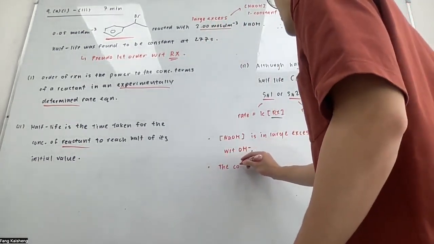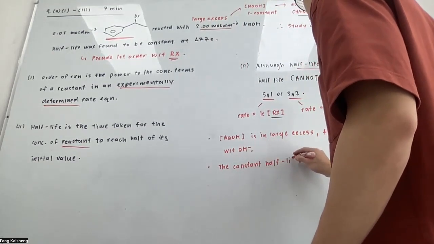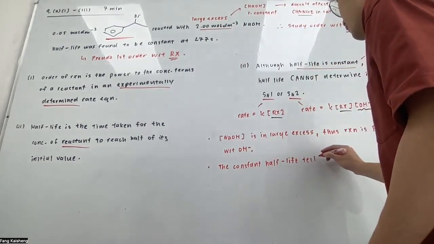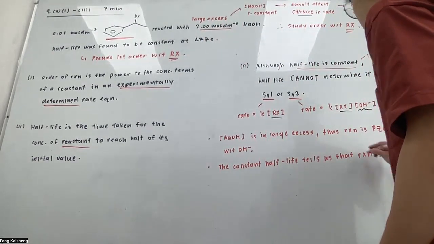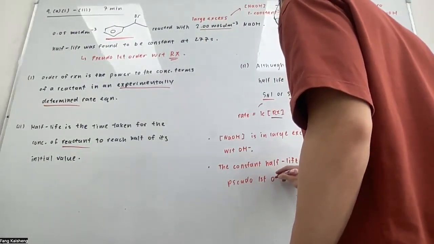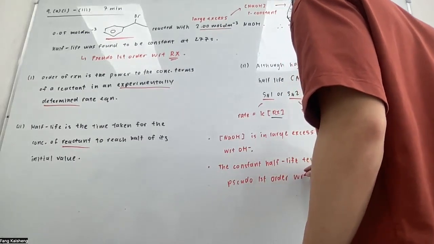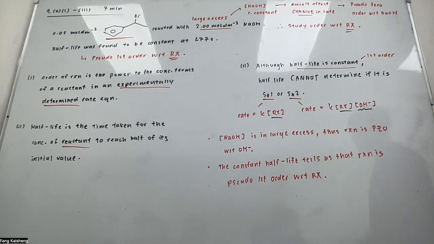The constant half-life in this experiment tells us what? The constant half-life tells us that the reaction is pseudo first order with respect to Rx. But you notice it doesn't tell us anything about NaOH.